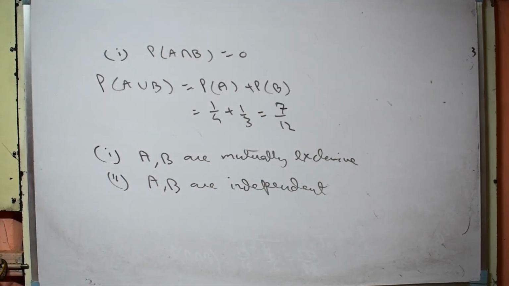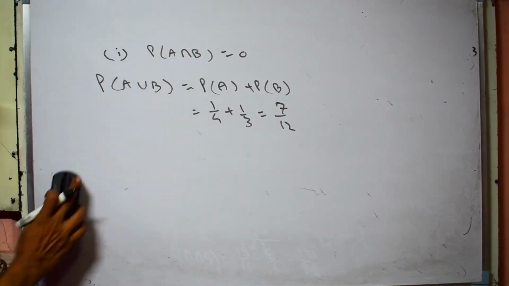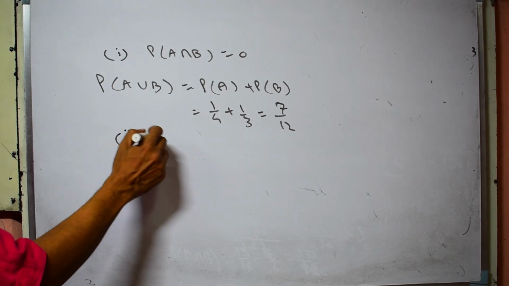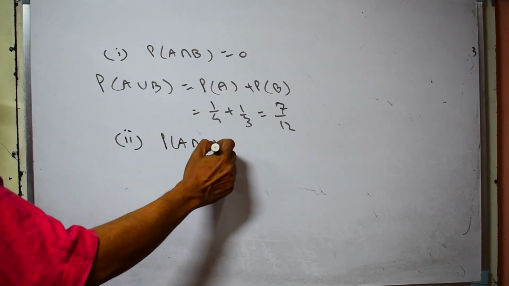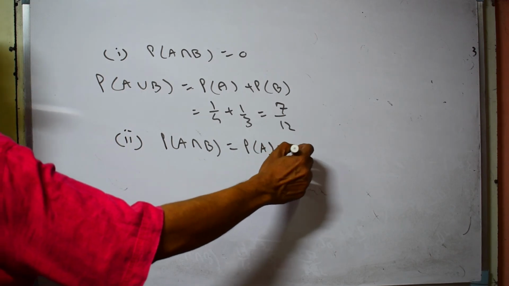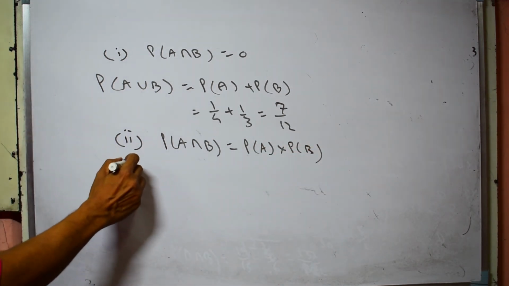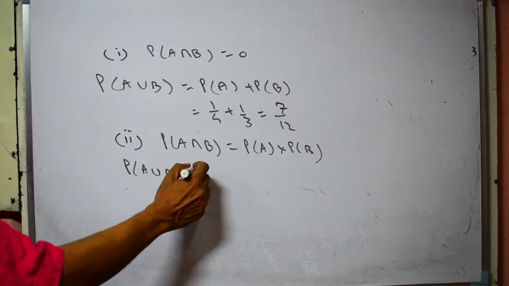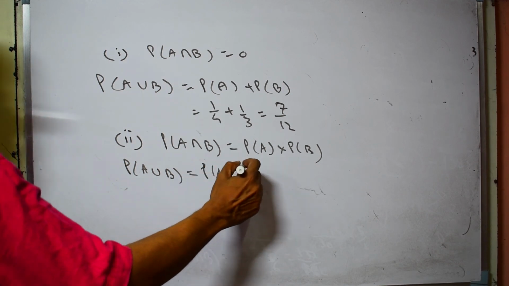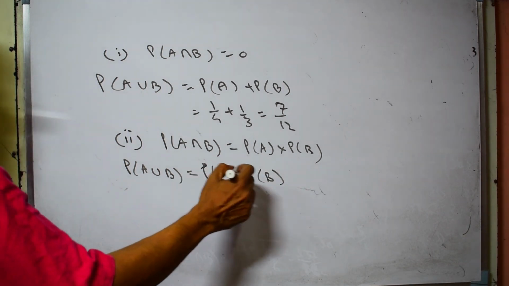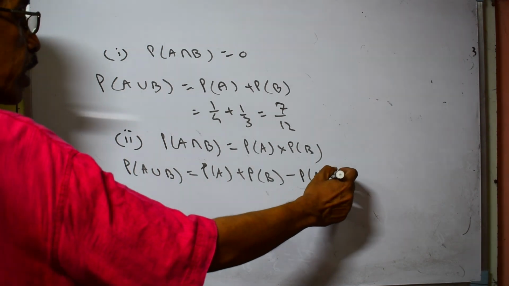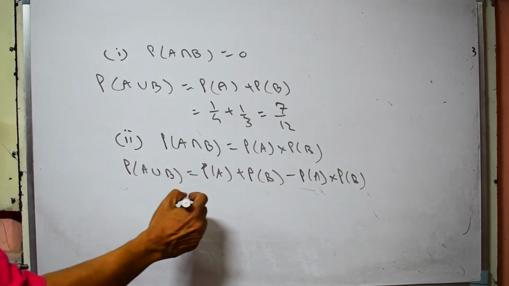The second part is the independent event. That means A, B are such events that A intersection B will become P(A) into P(B). In this case, P(A union B) will be P(A) plus P(B) minus P(A) into P(B), because we have already seen that the independent result will be like this.